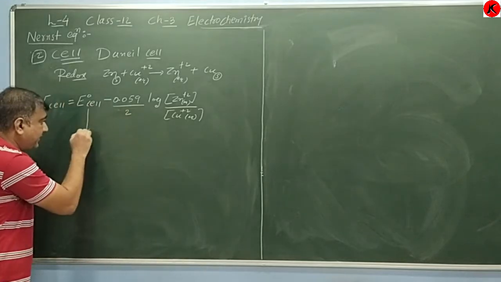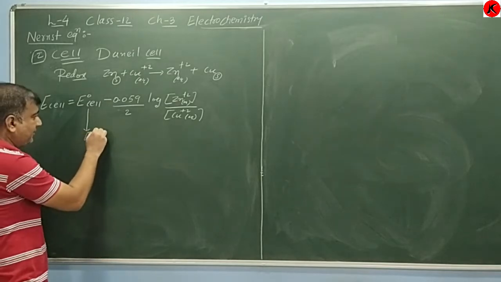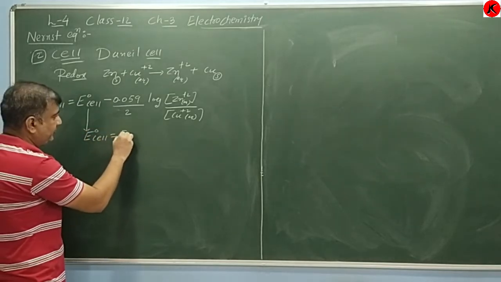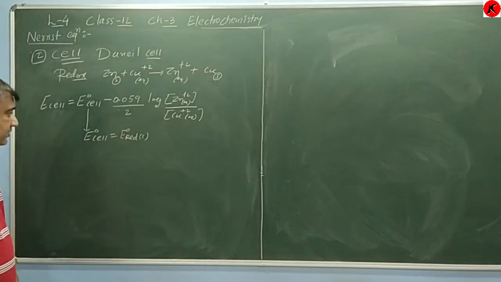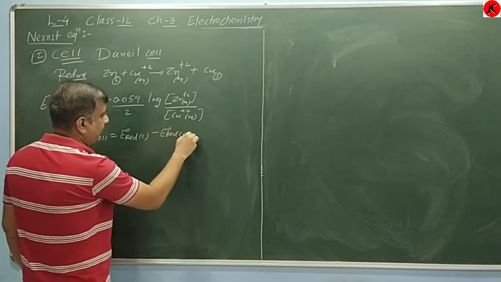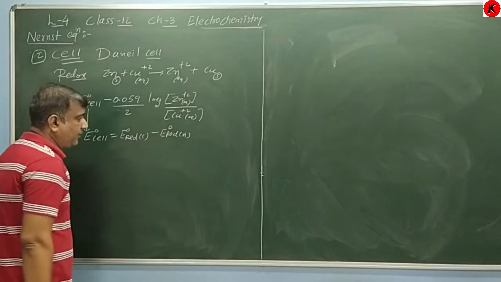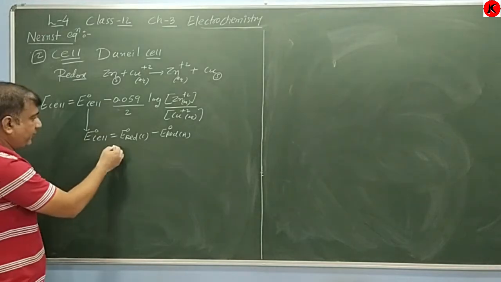Now how to calculate the standard cell potential? E naught cell is E reduction of cathode minus E reduction of anode. That means reduction potential of cathode minus reduction potential of anode.